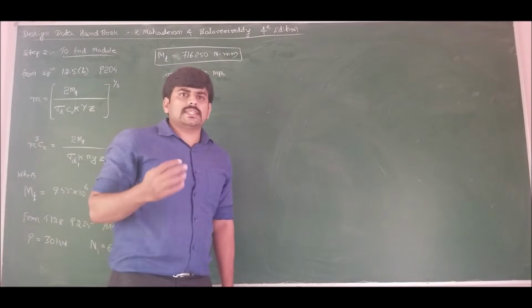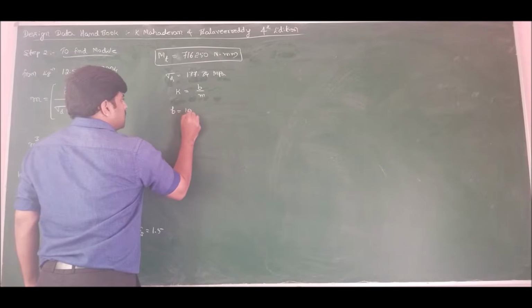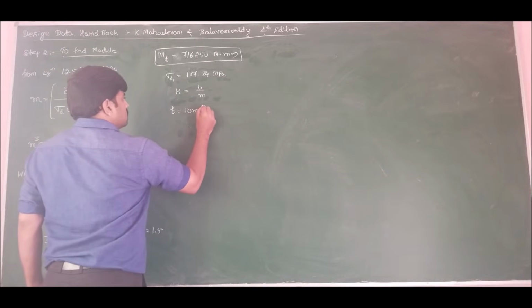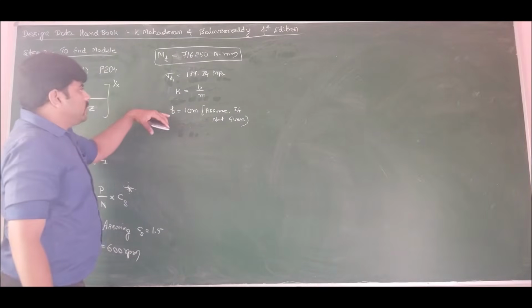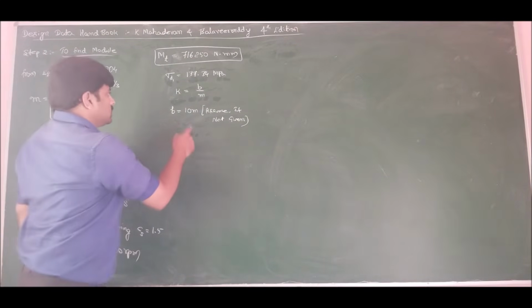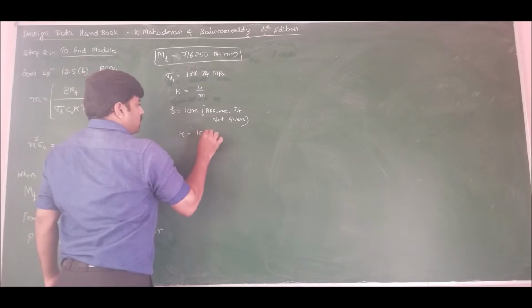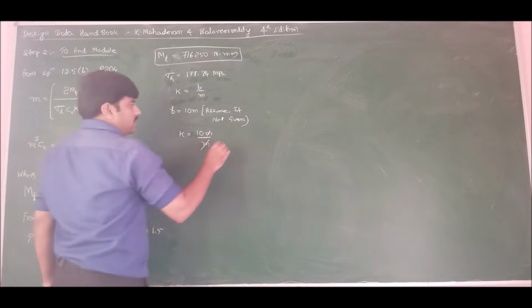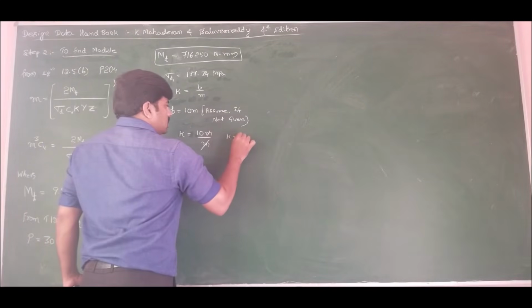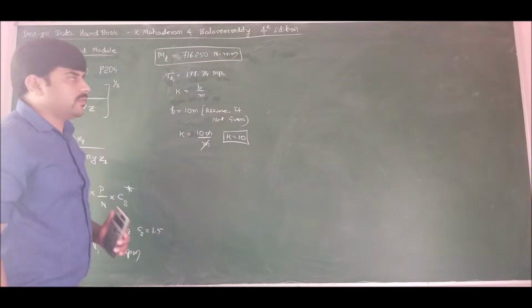Since face width is not given in the question, always assume face width as 10 times the module if not given. Substituting, K becomes 10 times the module divided by module. Cancelling module in numerator and denominator, K is equal to 10 always if face width is not given in the question.